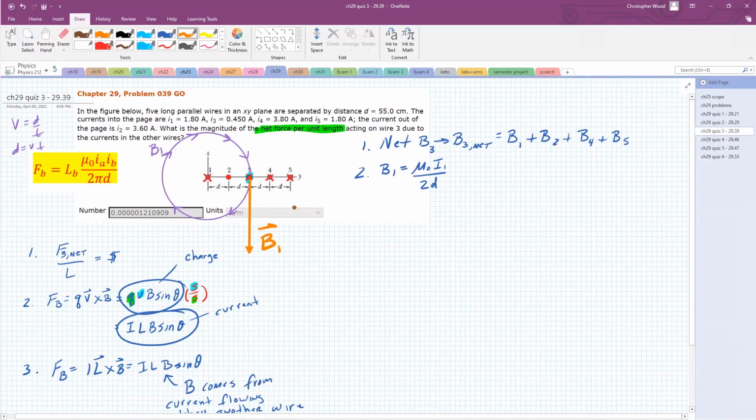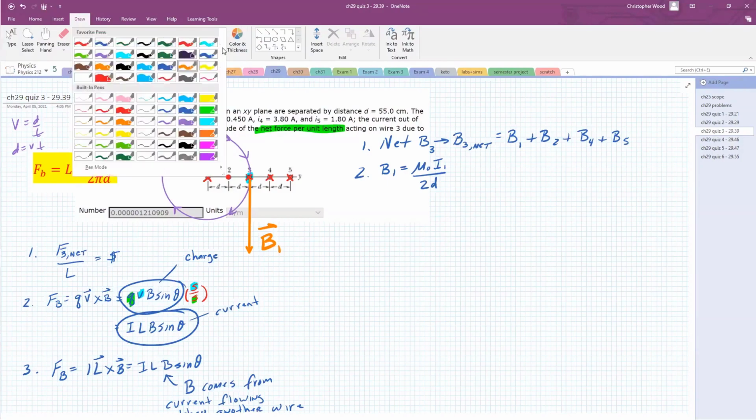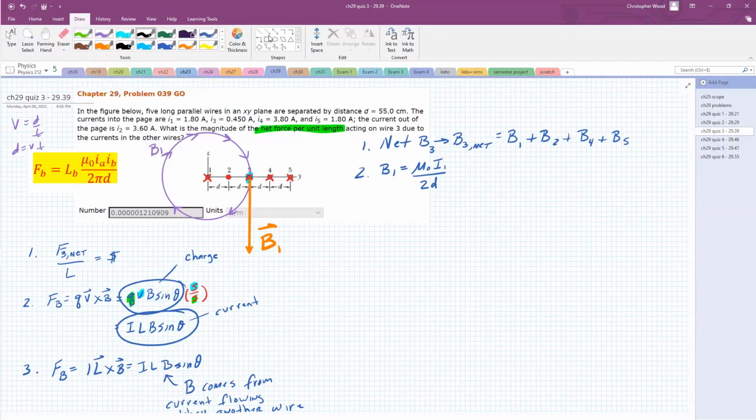Okay, so now if we play the same game for wire 2, I'm going to use a whole bunch of different colors to keep things straight. Here's the magnetic field at wire 3, and then try to maybe ignore me and just do your own thought process.